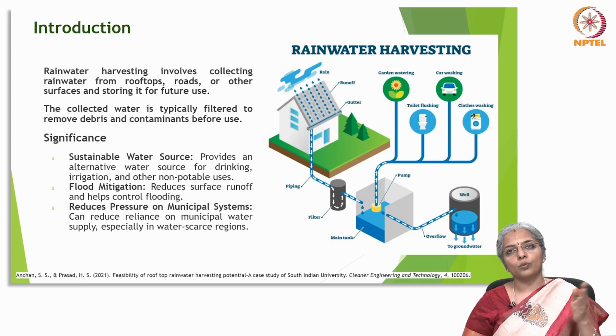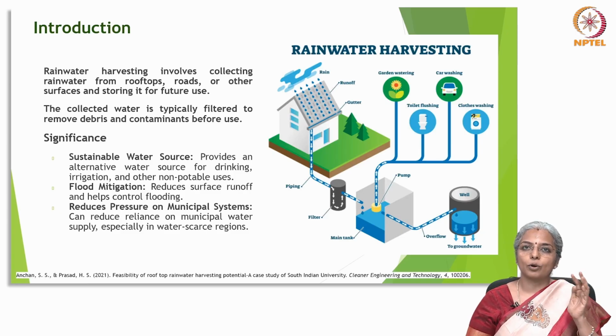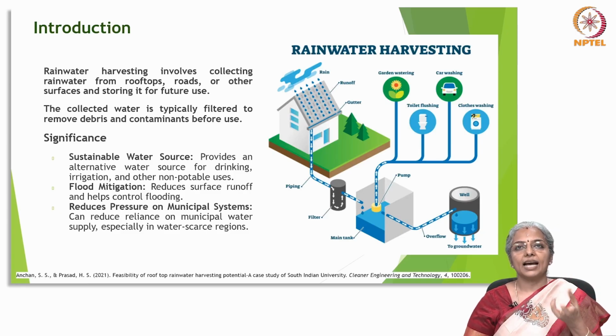This water which we collect from the rain has a lot of debris, leaf, organic matter, inorganic matter, etc. along with that, and therefore we have to filter this water so that we remove these organic and inorganic debris and other contaminants before we start using it.